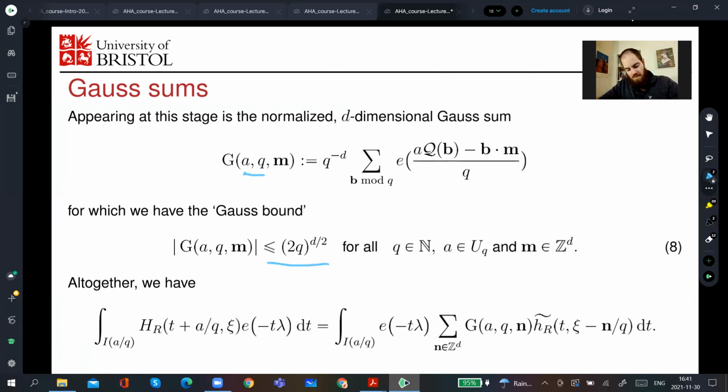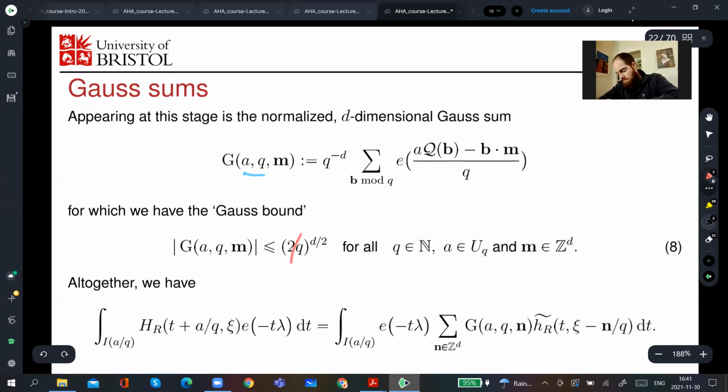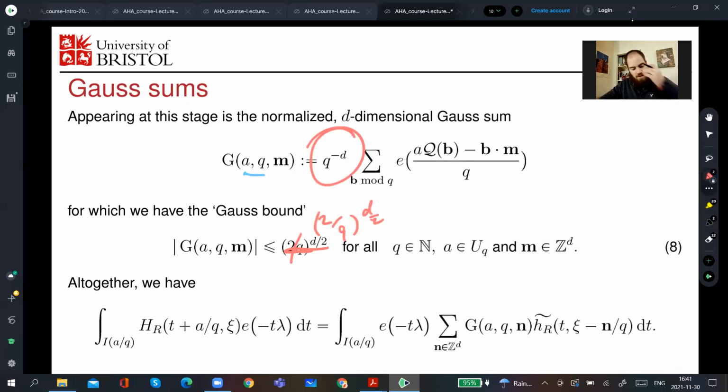That should be a minus d over 2. Sorry, it actually is. There you go, 2 over q. Let me make that red as a correction. Just write it like this: q to the d over 2, because I normalized by q to the minus d. This is uniformly for all m that are integer points.